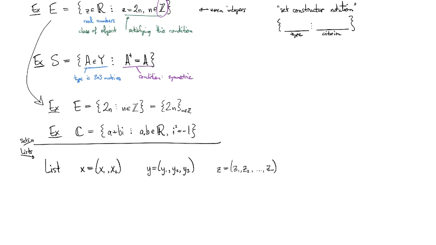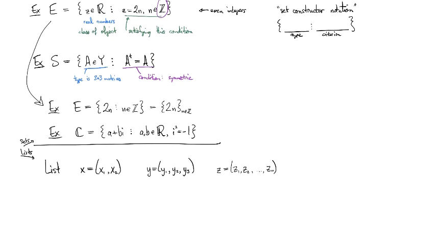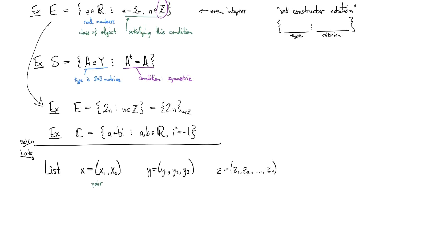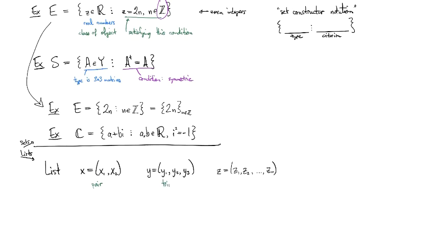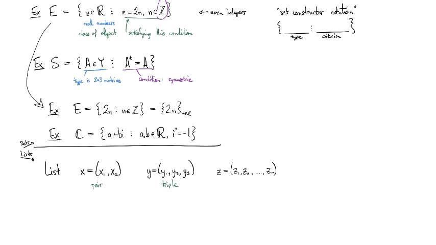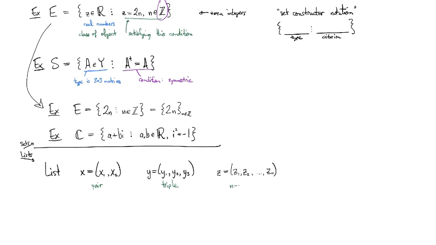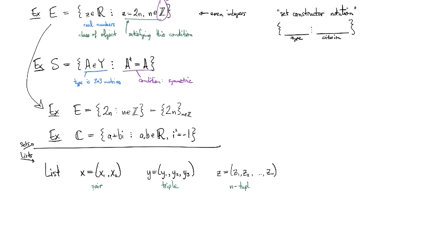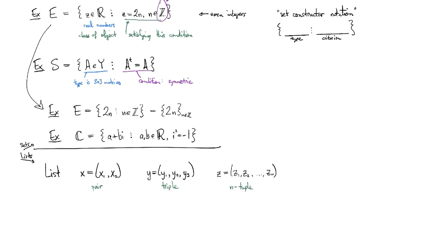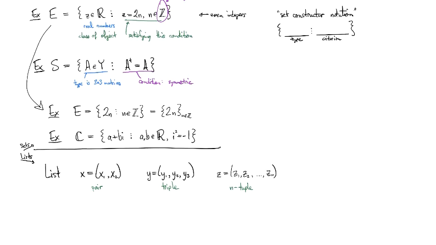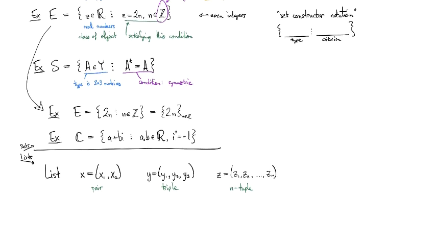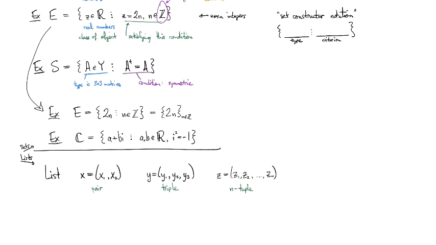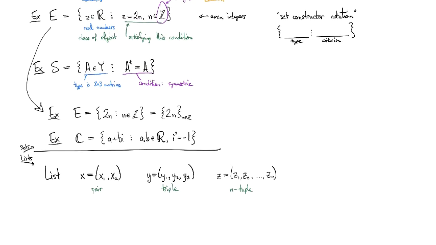Depending on the number of entries, we might refer to it as a pair or a triple, or if there's n of them, maybe an n-tuple. Since we don't have special words like pair and triple, I guess we've got quadruple and quintuple, but eventually it just becomes obnoxious. So just call them n-tuples for anything bigger than 2 or 3.